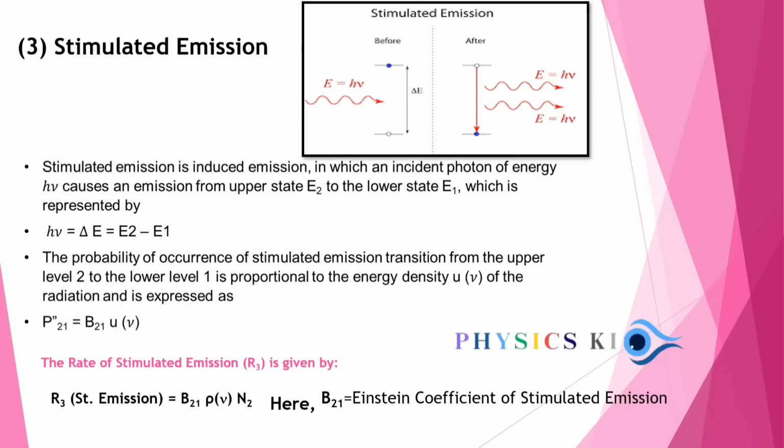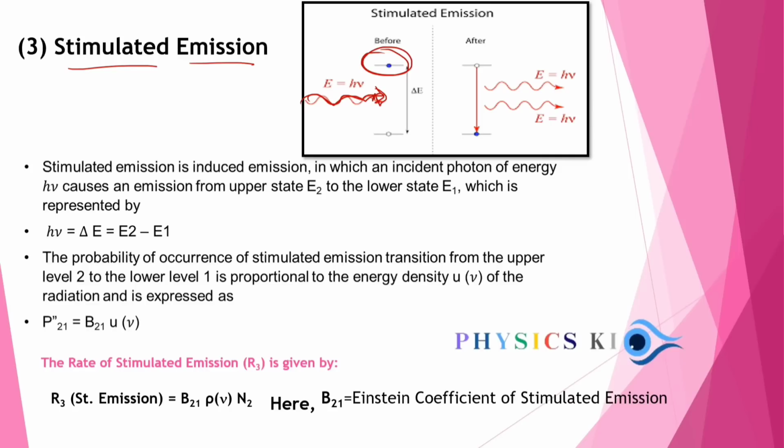And next thing, stimulated emission. So same thing, the first electron is here, but whenever an external photon is here, what happens? Due to this external interference, this photon is stimulated for the laser action, and the electron comes back to the ground state.